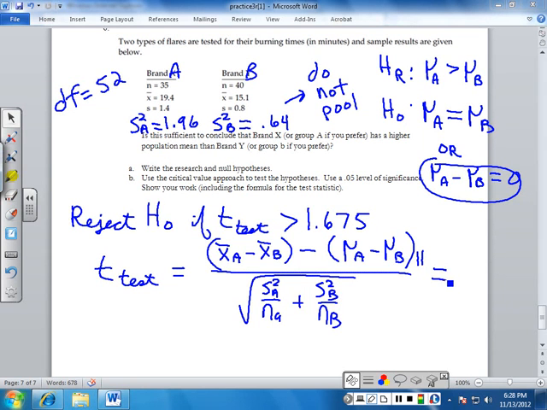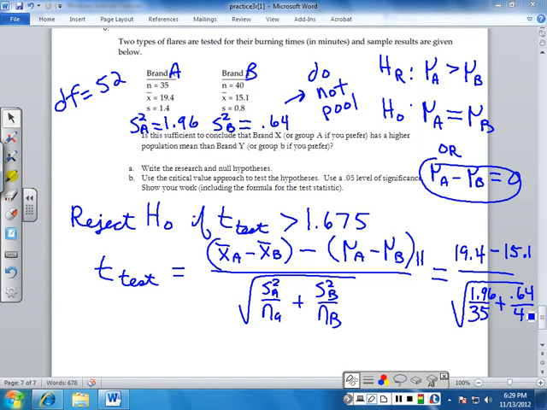So X bar A minus X bar B is going to be 19.4 minus 15.1. And then we can divide by, this is going to be 1.96 divided by 35, of course, taking the square root of all of this, and 0.64 divided by 40.